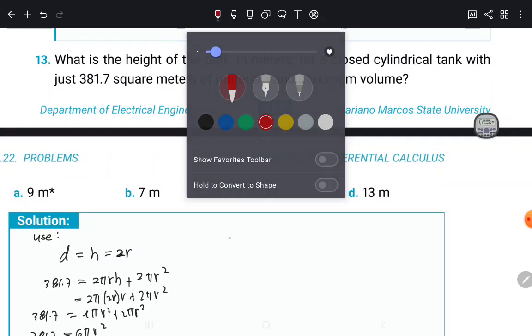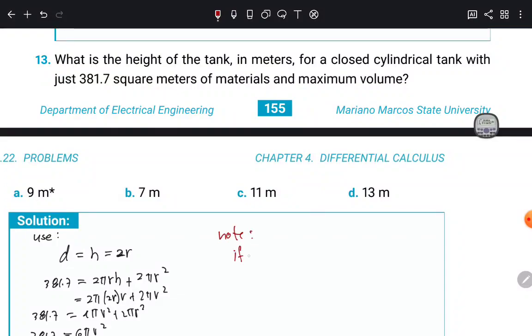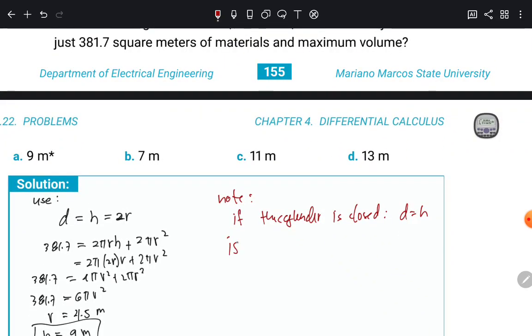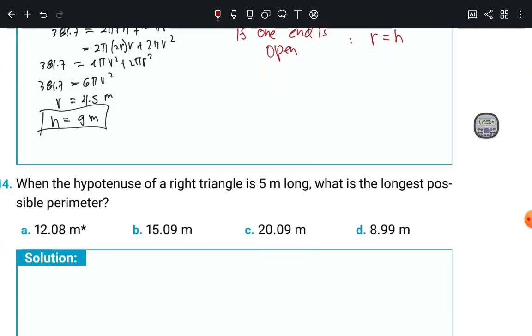So remember this note: if the cylinder is closed, then you can use D equals H. But if one end is open, then you cannot use that formula or condition, but the condition will be R equals H. So if we encounter that kind of problem, if the top of the cylinder or cylindrical tank is open, then don't use D equals H. Use R equals H. Okay, next.